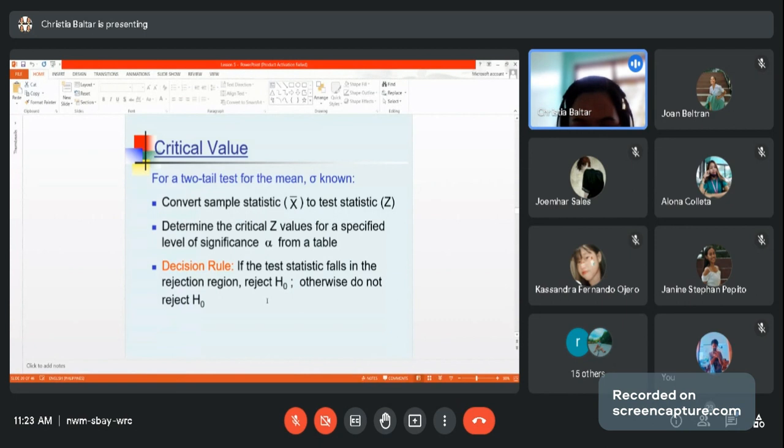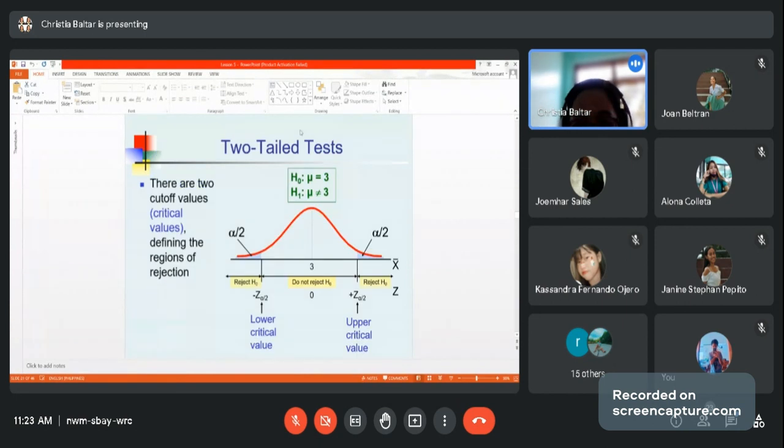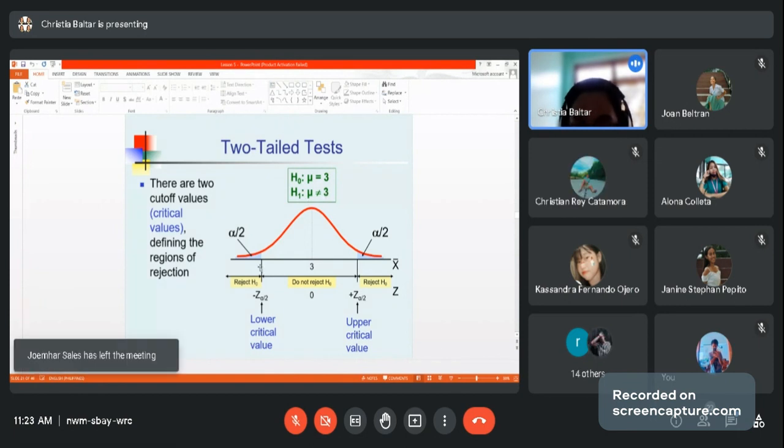Otherwise, we cannot reject it. Say for example, we have this null hypothesis and the alternative: the null hypothesis is mu equals 3 against the alternative that mu is not equal to 3. These two lines here are the critical values that divide the non-rejection region and the rejection region.